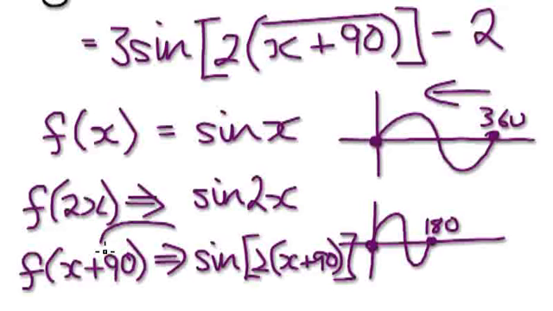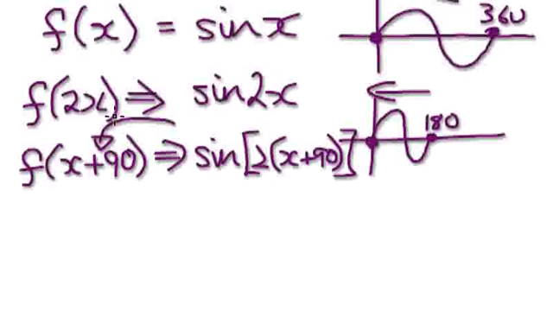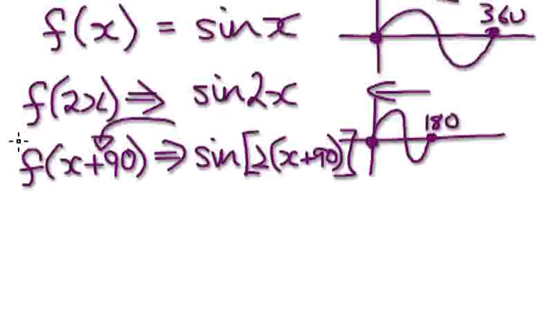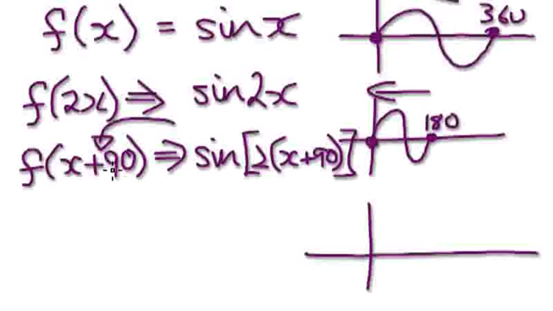When you apply this transformation, you're moving everything in this direction. This graph here, currently we are here. Now our next transformation gives us this graph. Because it's a plus, we've got to move it in this direction. So this bit here will be negative 90. It will look something like this. So this bit here is negative 90, and this bit here is 90.